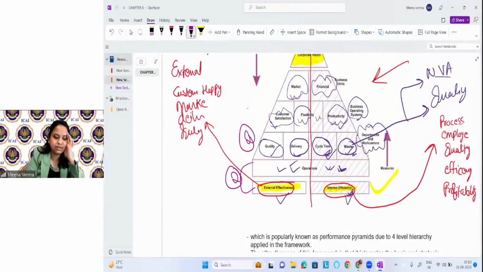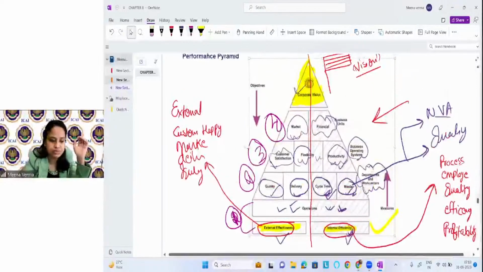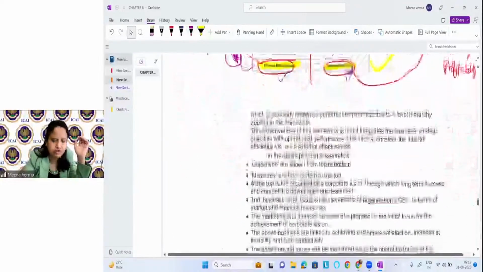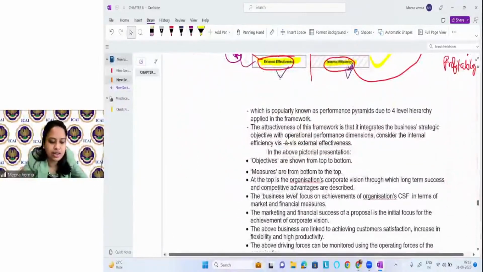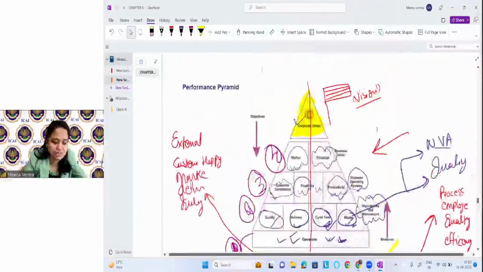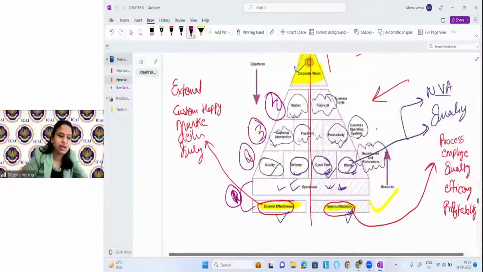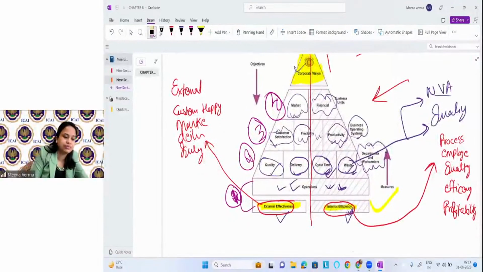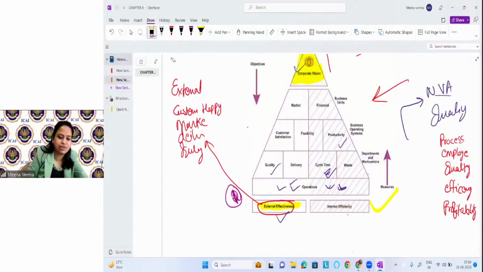Second one is this. This one is first, second, third, and fourth. The attractiveness of this framework is that it is integrated to business strategic objective and performance dimension, considering the internal and external efficiency. What is the objective of the company? It is considering everything, right?